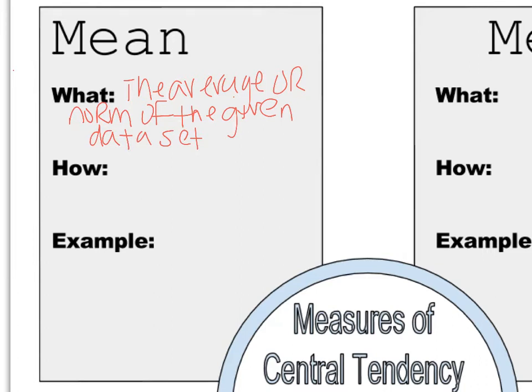The first step is to add all of the values. The second step is to divide by the number of values.